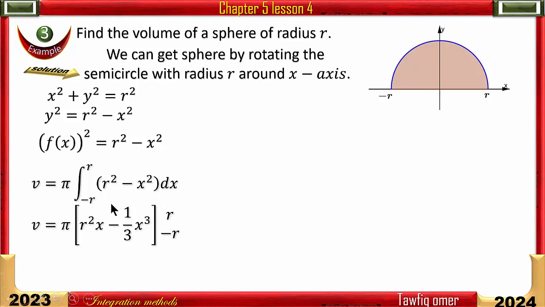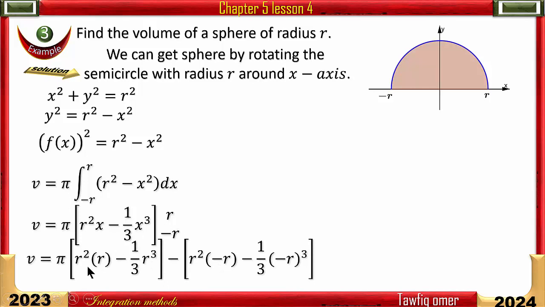Finding the integration of this is r squared x minus 1 over 3 x cubed from minus r to r. And now replacing x with r, it becomes pi times r squared times r minus 1 over 3 r cubed, minus, and now replace x with minus r.